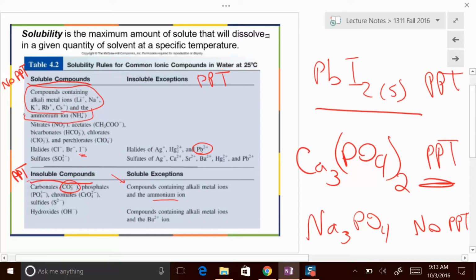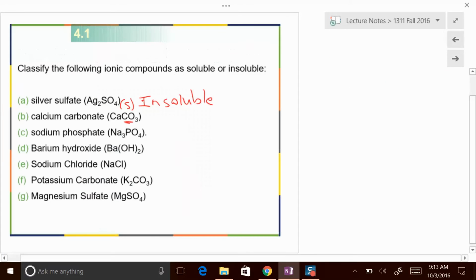Those are the exceptions. Do you see how these are always soluble? These are the alkali metals, and this is ammonium. They don't have any exceptions to their solubility. So if I put any of those on a carbonate, they're going to remain dissolved. But if it's anything other than those, like calcium, any other metal, then it is going to be insoluble.